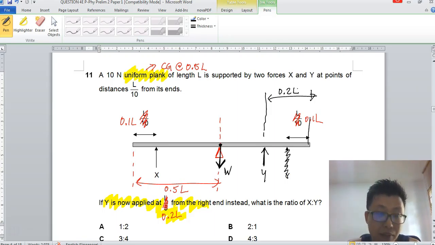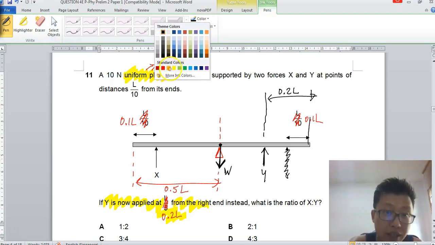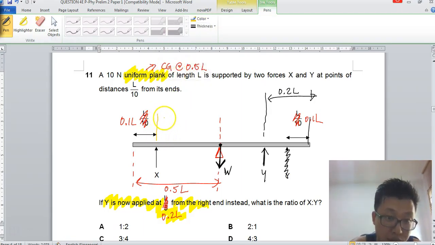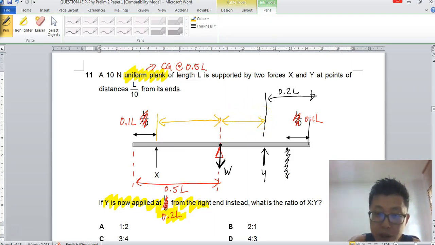The distance that I'm interested in is from the force perpendicular to the pivot. So I am interested in this distance, this one, and this one. Now you can see the advantage of using decimal.